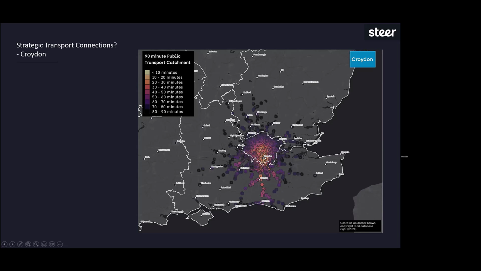Is there an opportunity for some of these regional centres on the edge of London to start to think about redefining how their strategic transport works, looking at more orbital routes to connect into their local centres near them rather than just fast access into the centre of London? And all that will hopefully mean that a more sustainable travel hierarchy can be realised, and we stop driving as much as we do where we can.